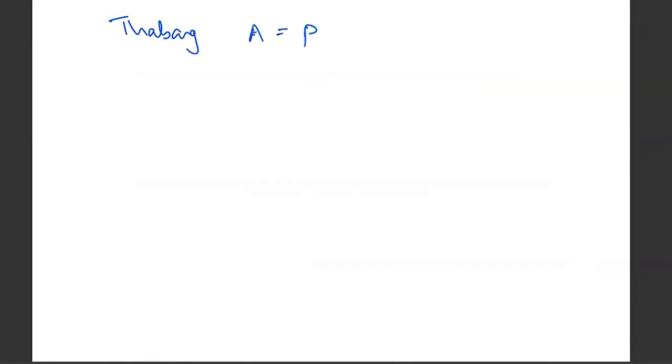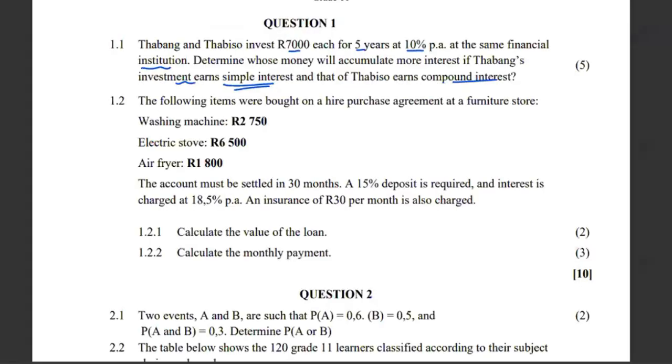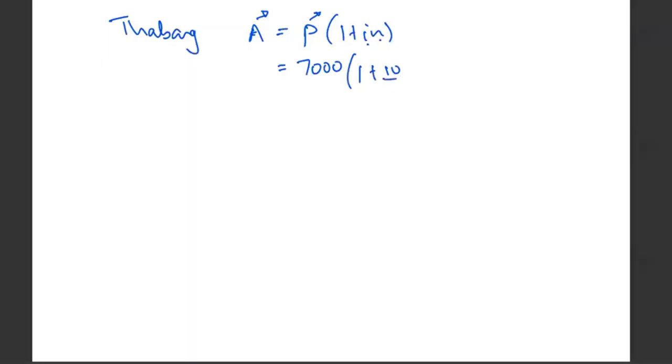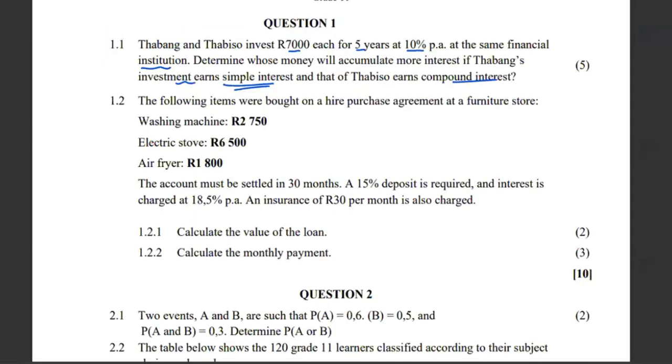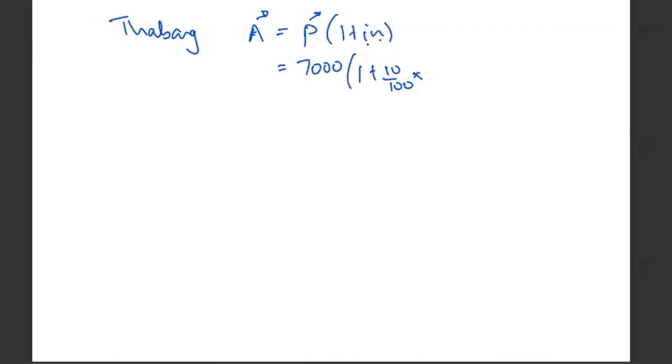We know that simple interest is A equals P times (1 plus i n), whereby A is the accumulated value, P is the initial or principal amount, i is the interest rate, and n is the period of time. So our P is 7,000 times (1 plus 10 over 100 times 5 years).